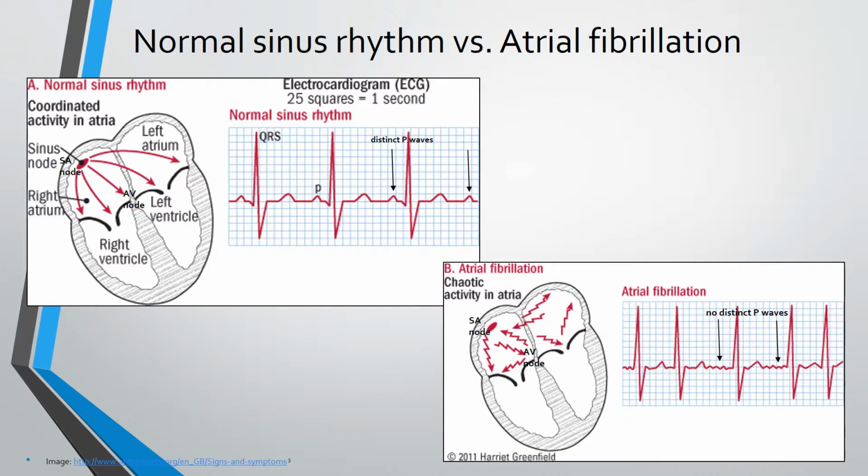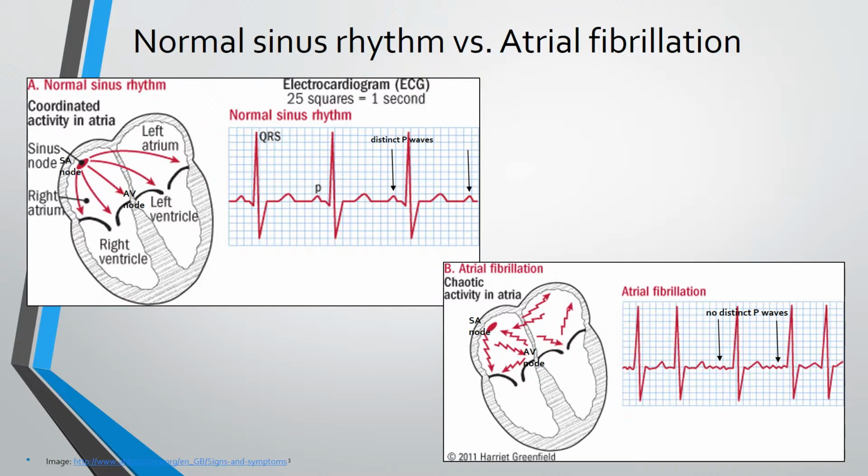In a normal sinus rhythm shown on the top left, or figure A, we can see that the electrical signals originate from the sinoatrial node, or SA node, to the atrioventricular node, or AV node, in an organized fashion. Because you have an organized conduction from the SA to the AV node, you will get a unified contraction of the atrial tissue.